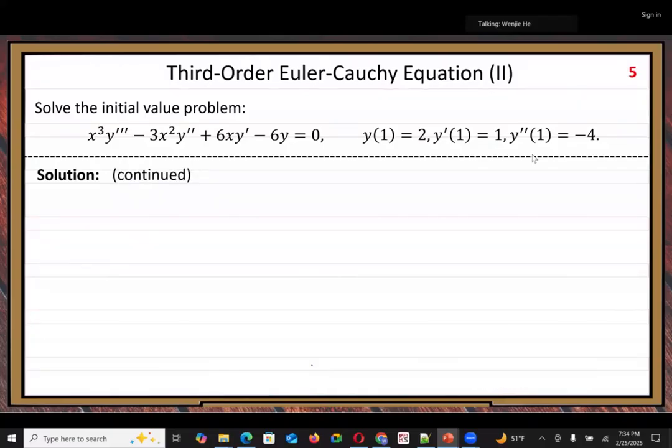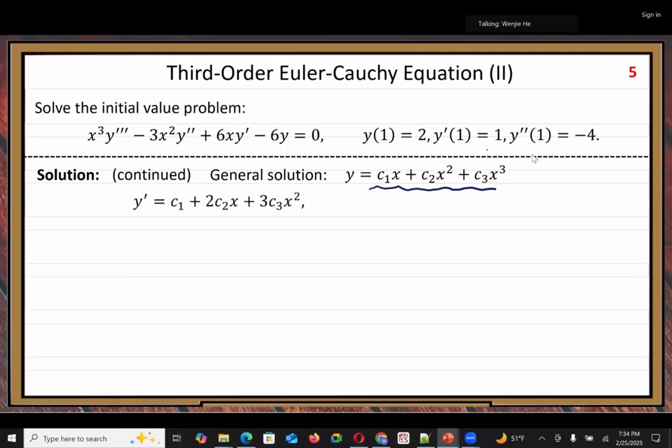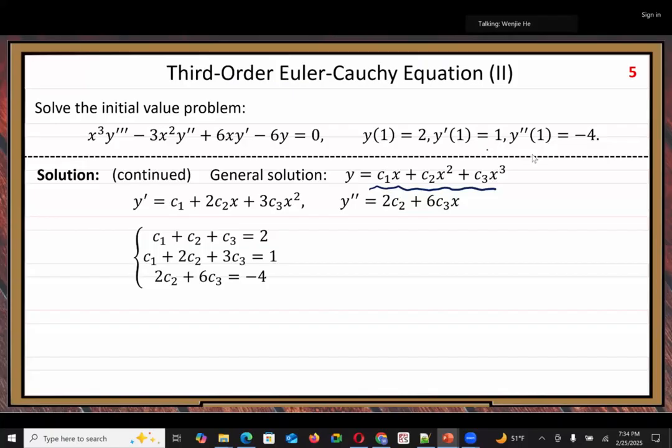Then we need to find the appropriate constants C1, C2, C3. You just plug in these three initial values and you get 3 equations.